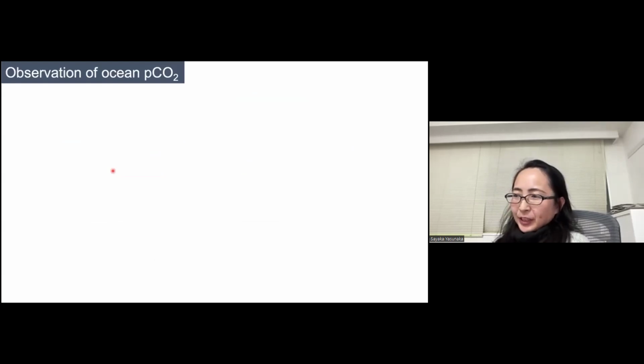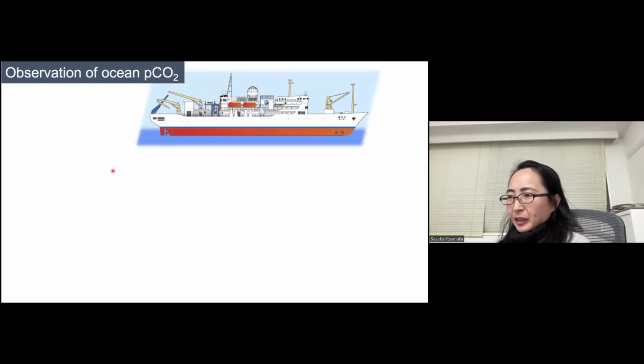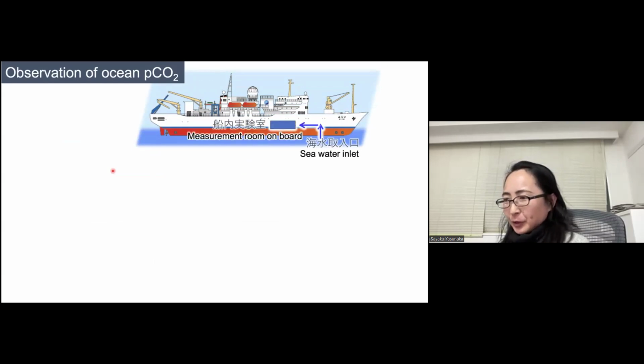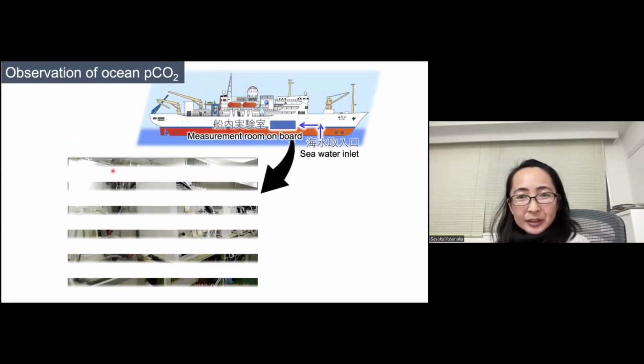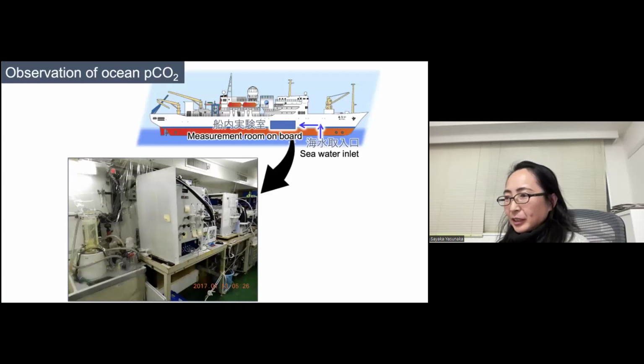Next, I briefly explain how to measure the ocean pCO2. After the mid-1990s, ocean pCO2 can be measured automatically on board. The ship has a seawater inlet at the bottom, and seawater from the inlet goes to the measurement room on board. This is a photo of the measurement room of the research vessel Mirai.